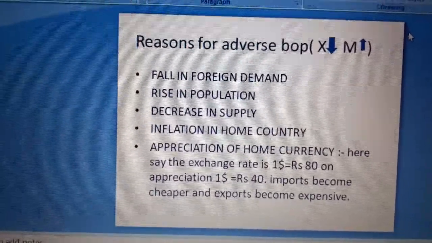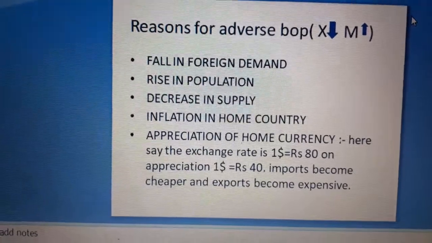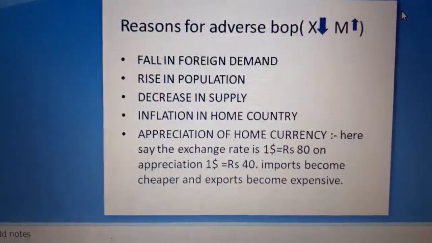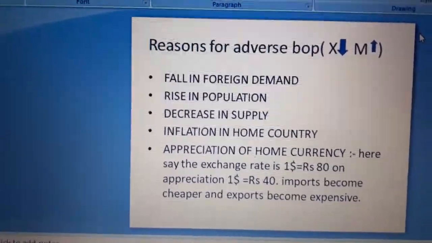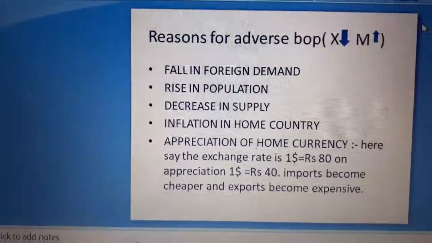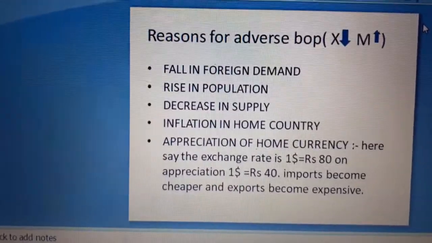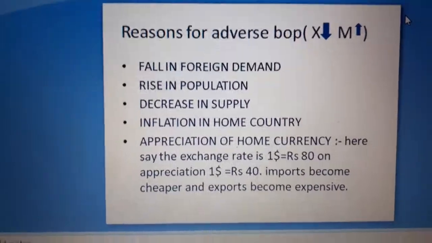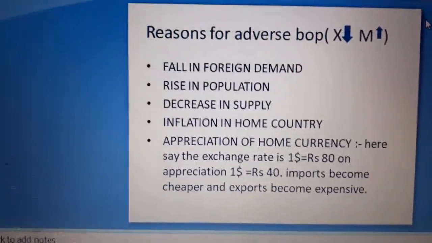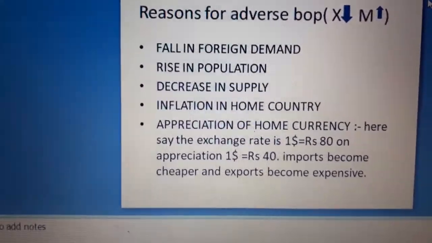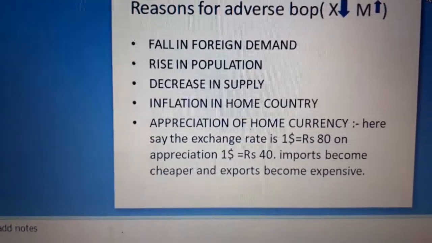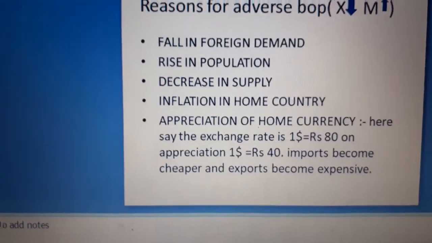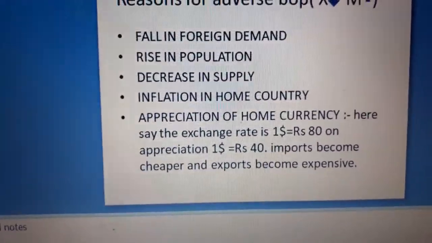Now if the price of the Indian product goes from 10 to 50 and the American product is still available at 100 rupees, that means when you're buying 1 unit of American product, you're only sacrificing 2 units of the product of the home country. So your American product now looks cheaper in comparison to the Indian substitute. So if there is inflation, the volume of exports will go down and the volume of imports may go up.